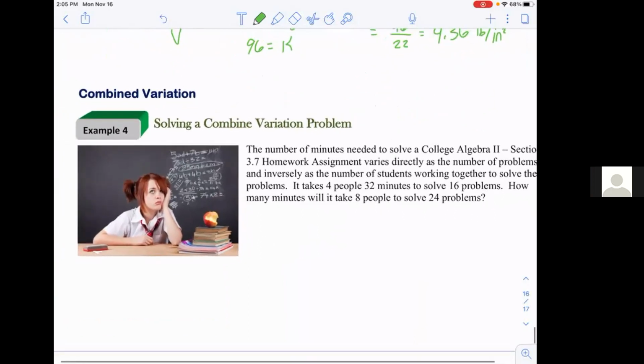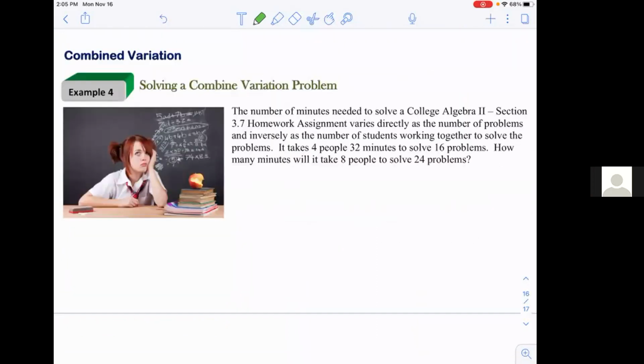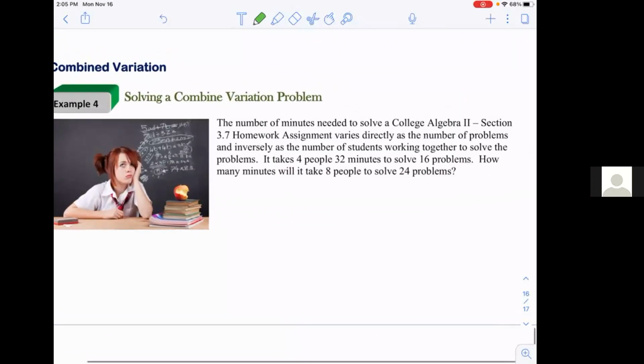All right. The last thing on notes for this section, for this packet, for this chapter. The number of minutes needed to complete a homework assignment varies directly as the number of problems, and inversely with the students working together to solve said problems.